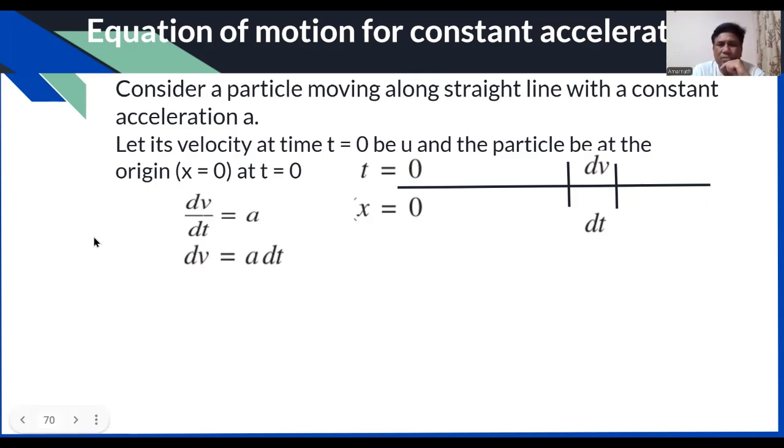Again, dv means a small change in a particular small time interval. But I need a big change, no? From u to v, the total change. So I have to integrate it, nothing else. I have to integrate from 0 to t, because at t equal to 0 the velocity was u, the initial velocity.